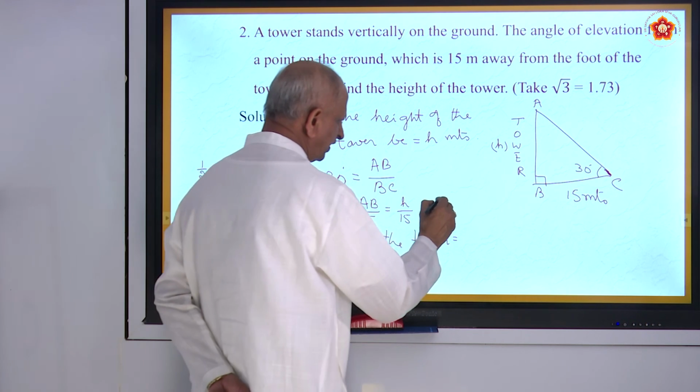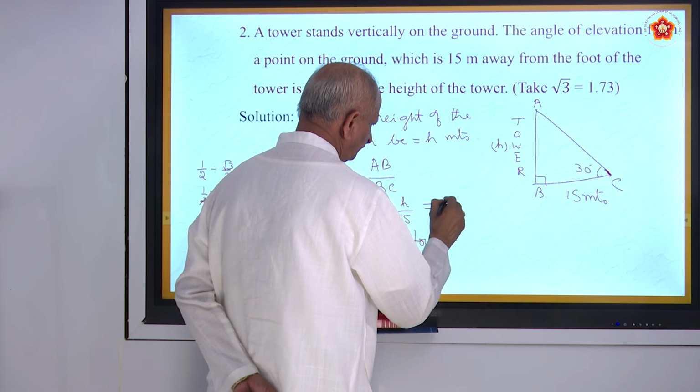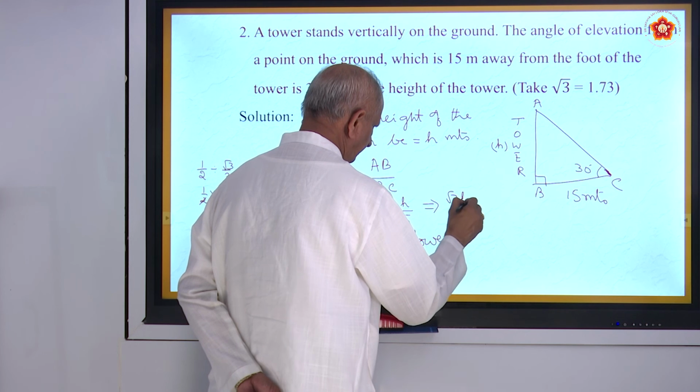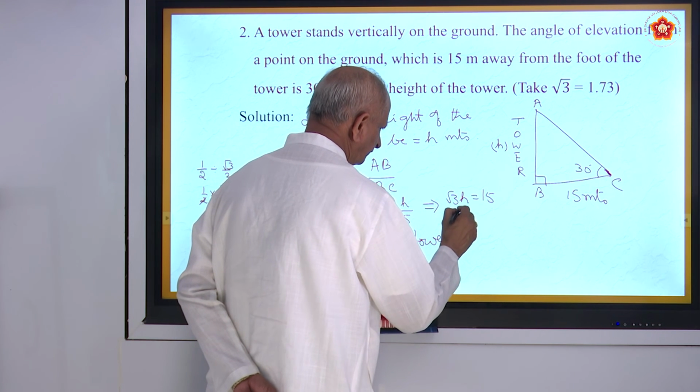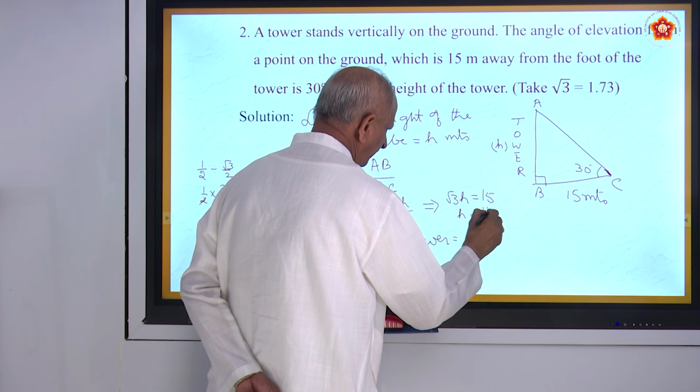If you cross multiply, root 3 into H becomes 15. So H becomes 15 by root 3.